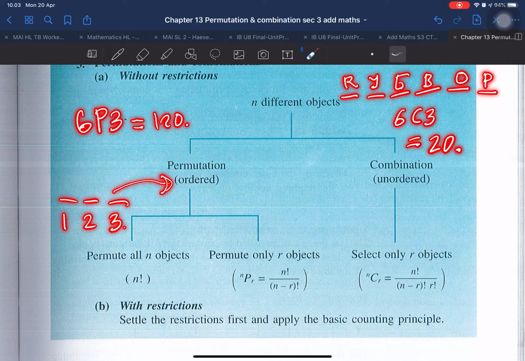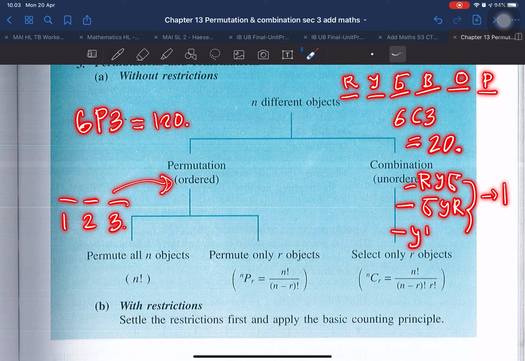So let's say the first choice is R, Y, G. If you pick R, Y, G, and then the other possibility, G, Y, R, these two count as one thing, because it doesn't matter whether the R comes first, then the Y, then the G. This is considered 1. Even for the other one, let's say YRG, that's still the same item.